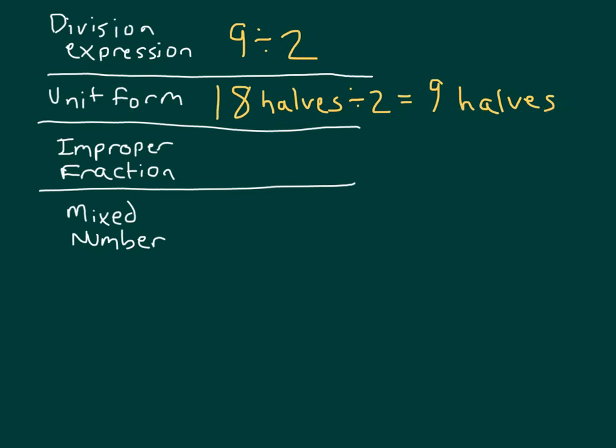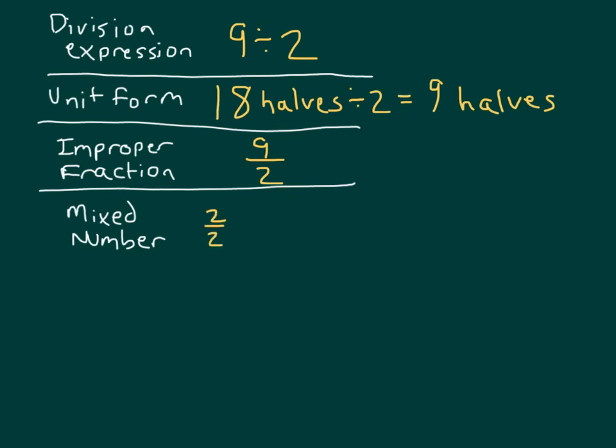For the improper fraction, we keep that same order, and that's 9 divided by 2. So we have 9 over 2. Towards a mixed number, let's break it apart by its wholes. Remember that 2 halves equals a whole.